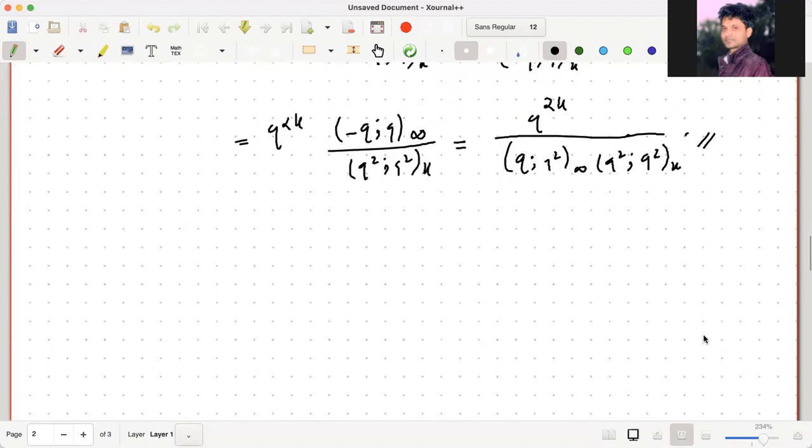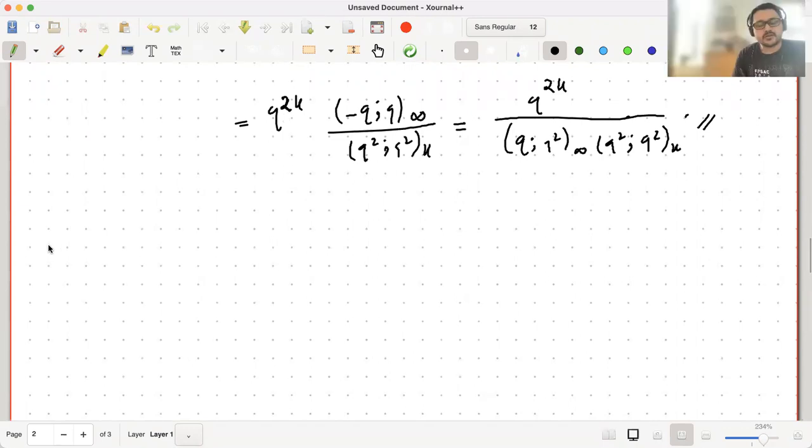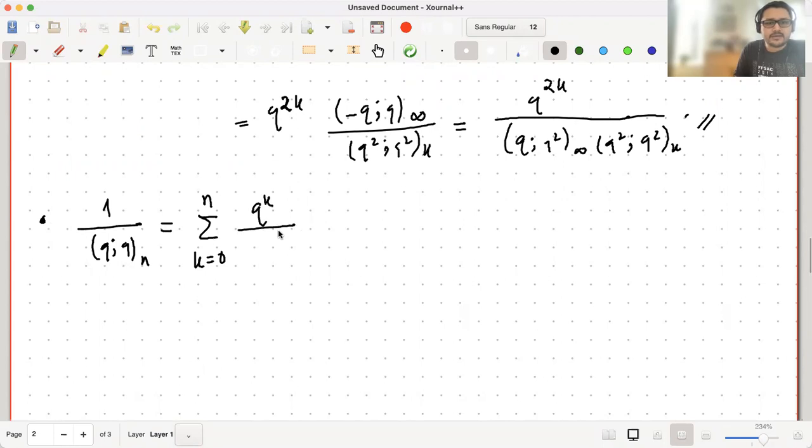Okay, right. This was a nice combinatorial argument to give the generating function. So you can also give theorems such as, one q-series identity would be something like 1 over (q; q)_n equals the sum over k from 0 to n of q^k over (q; q)_k.